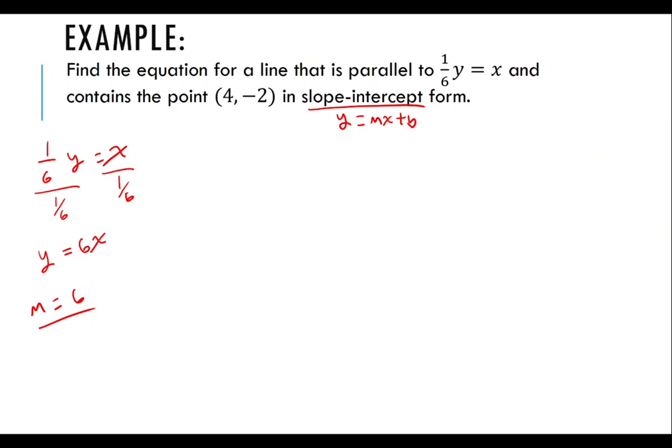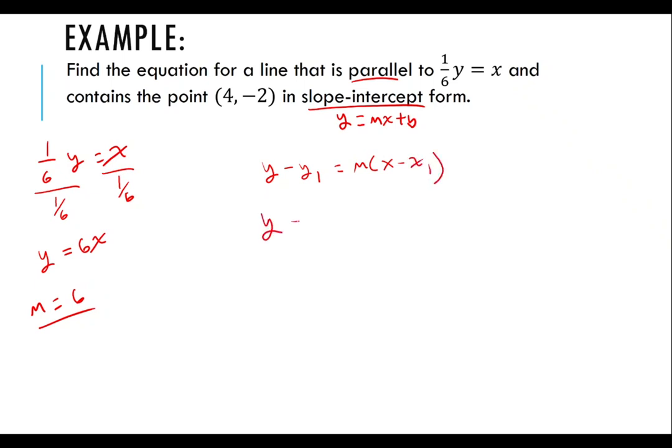Now that we have the slope being 6, and we know that the point 4, -2 is on this line that needs to be, once again, parallel, we know that we need the exact same slope, that's 6, and we have the point 4, -2. So that's going to be y minus y1 is equal to m times x minus x1 using point-slope form.